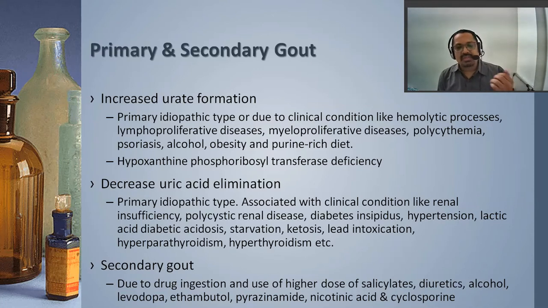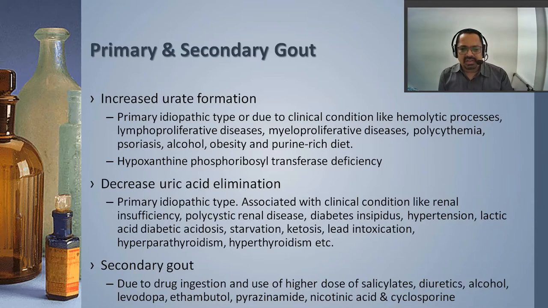As far as decreased uric acid elimination is concerned, it is primary idiopathic or associated with clinical conditions like renal insufficiency, where the kidney is not able to throw uric acid outside the body.